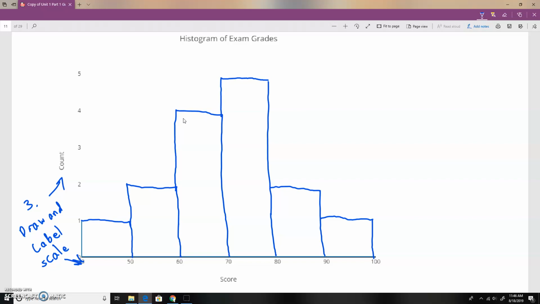Now, the next step, which I've already completed on here for you, step 4, is we draw a bar up to the frequency for each interval.